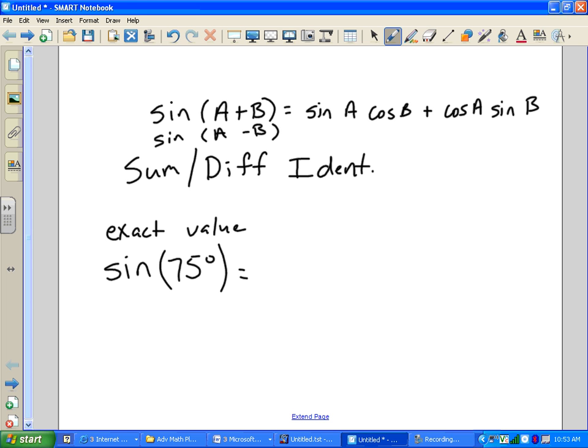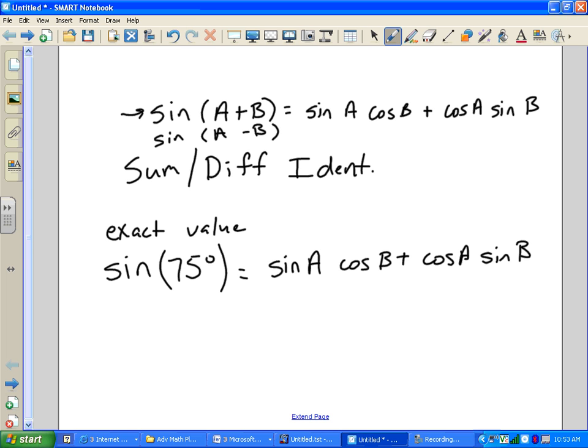We're going to write down the formula for the sine of A plus B: sine of A times cosine of B plus cosine of A times sine of B. Now what we're going to let A and B be is those two angles that add up to 75.